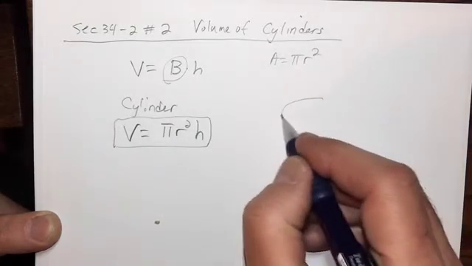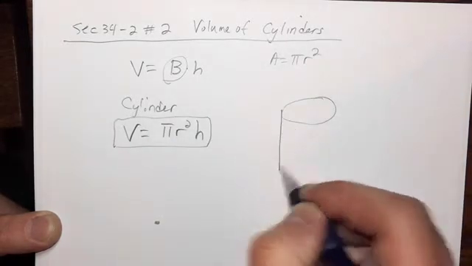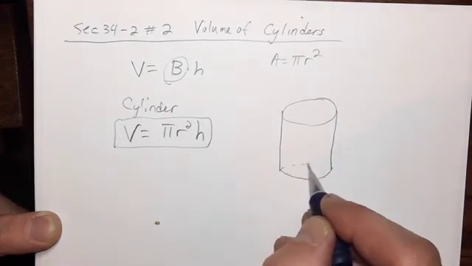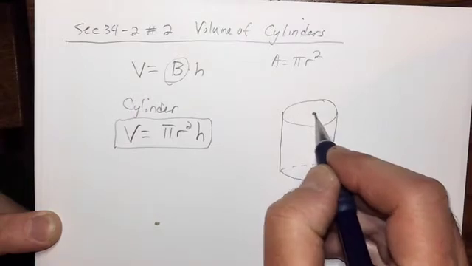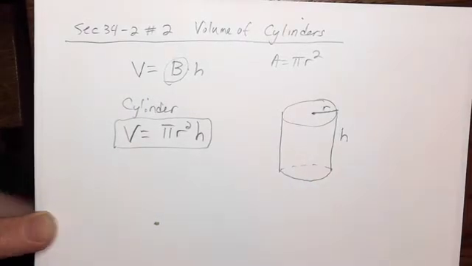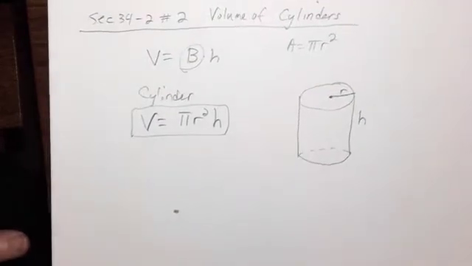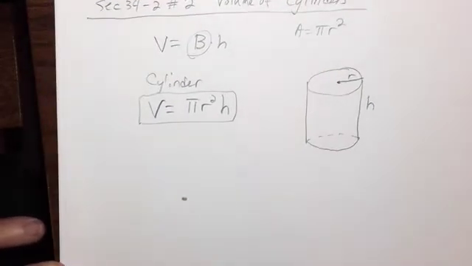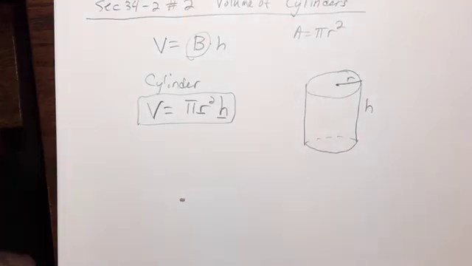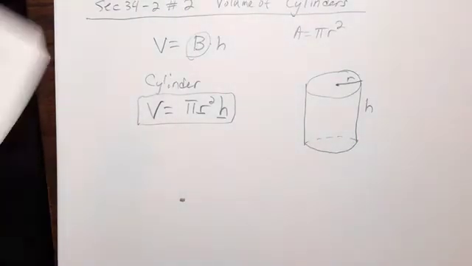What you need to know if you have a cylinder is you need to know the radius of it, and you need to know the height of that cylinder. Okay, that's what you need to know. And you can see that in the formula. I need the radius and the height. And so you just go to your problem and you try to find it.